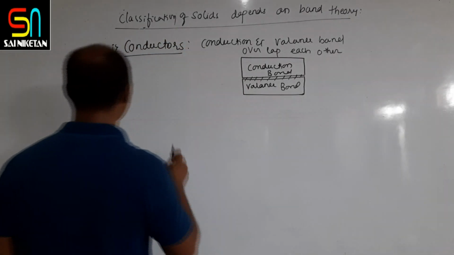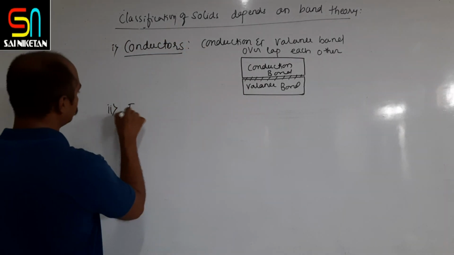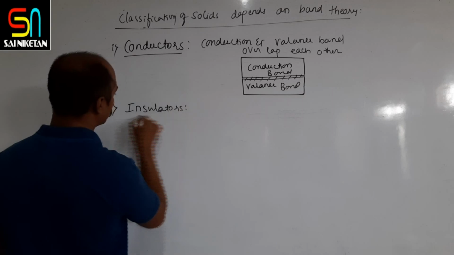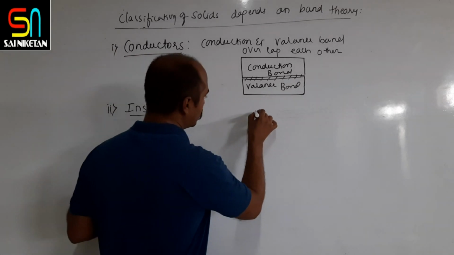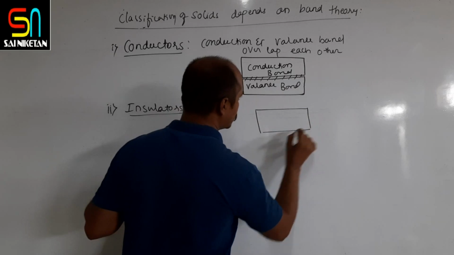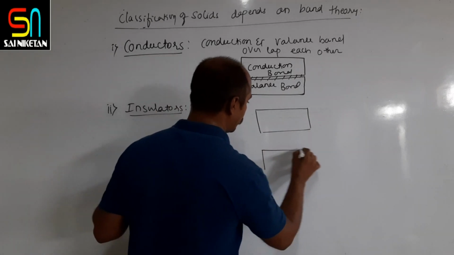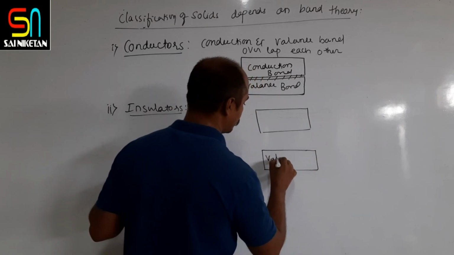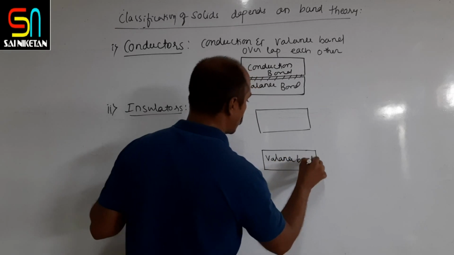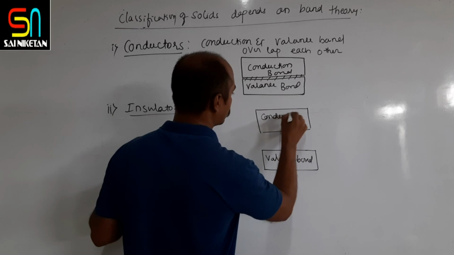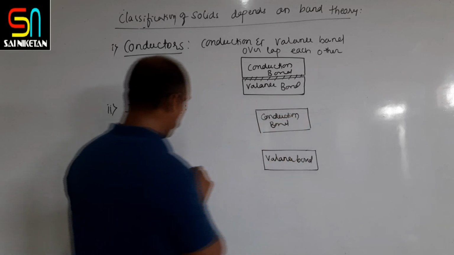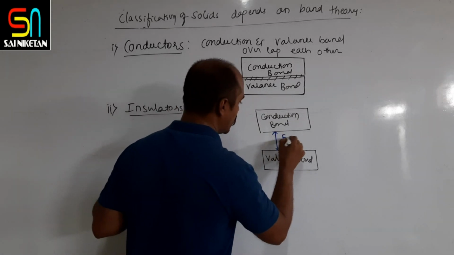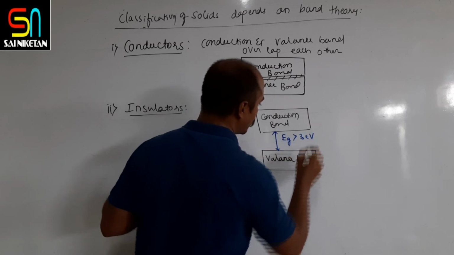The next one is insulators. If you take the conduction band and the valence band, this gap is the energy gap, which we already know.